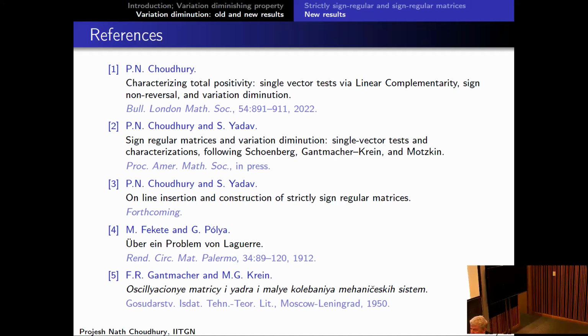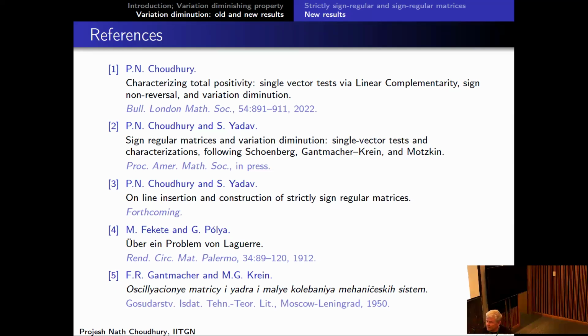Yeah. So one thing, basically we are doing, it's not like a Hadamard product in the sense that we are looking at the entry-wise power, which preserves strict sign regularity, or sign regularity. It's almost done actually.